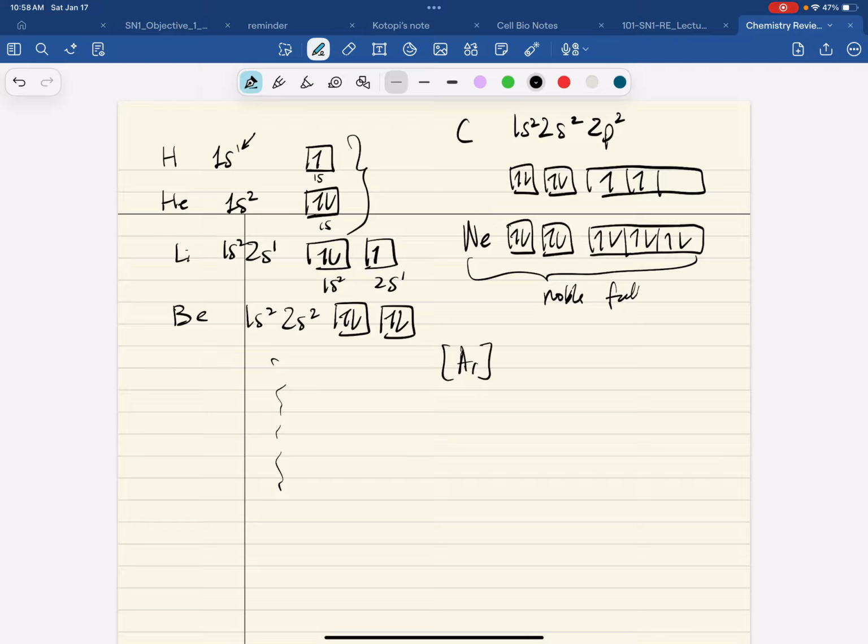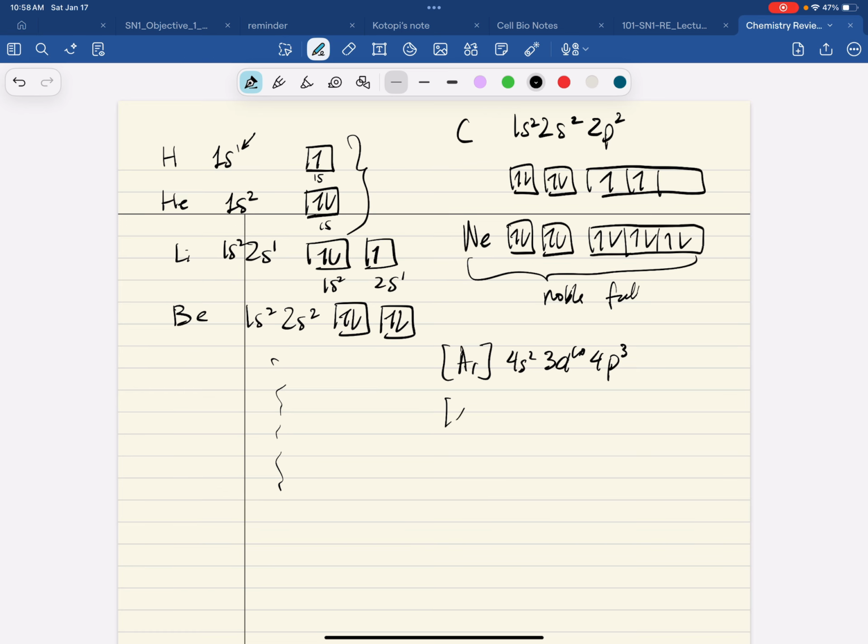And then we start off with 1, 2, 3, 4, so 4s2, and then we have a 3d10 because all the transition metals are filled, and then 4p3 since arsenic is in the third p orbital.